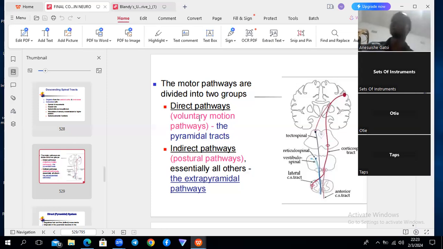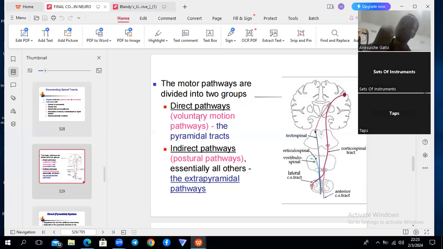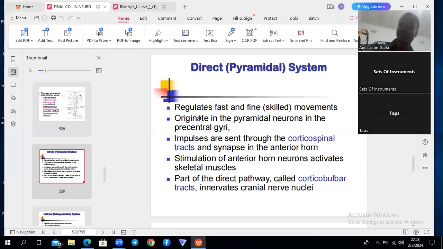They're extra because they help or influence other functions, such that if you lose them, you don't necessarily lose the ability of muscle to function, but you lose the ability to have maybe a normal posture, depending on the tract we are talking about. So the direct one is the corticospinal, the one coming from the cortex.